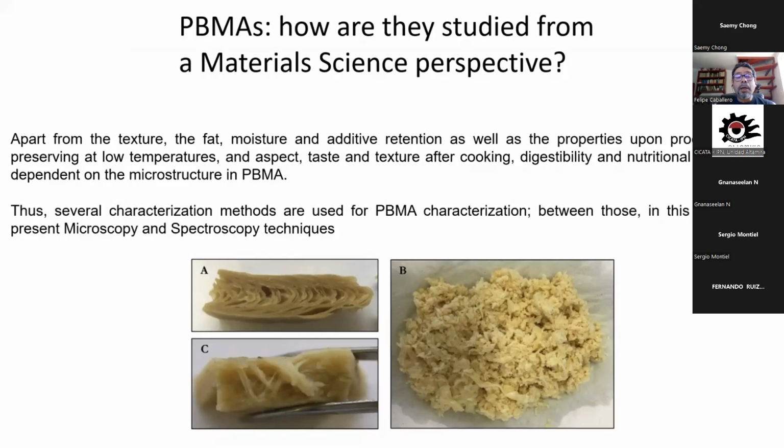Dr. Brishti just spoke about the balance between the amino acids, the fat, and the moisture within the plant-based meat analogs. So to know how the structure is developed and kept during the different parts of processing and digestion, there are several characterization methods, mainly microscopy and spectroscopy techniques.